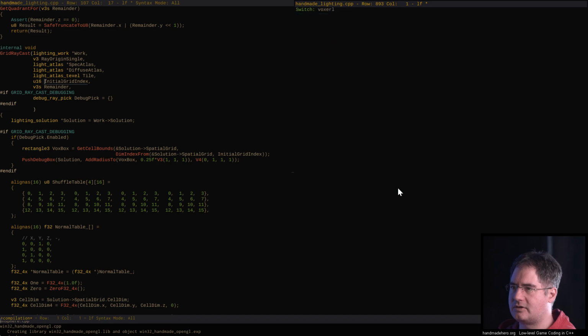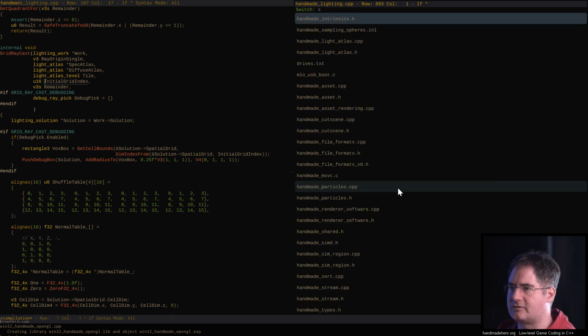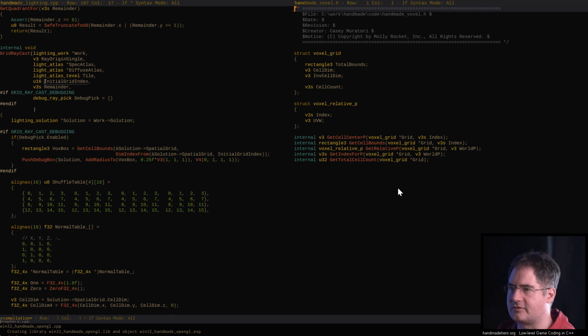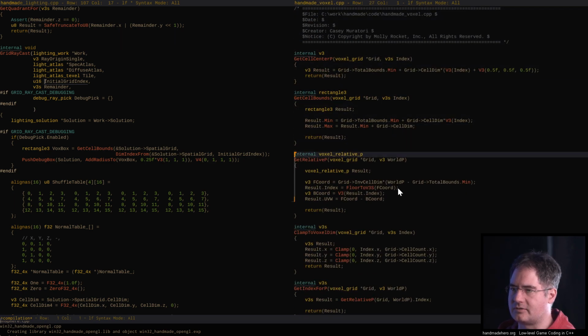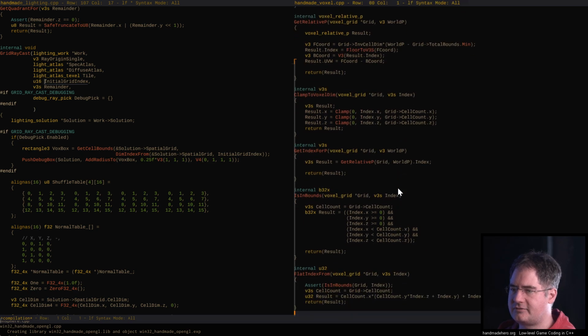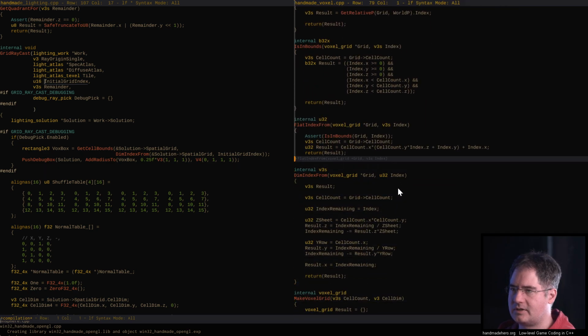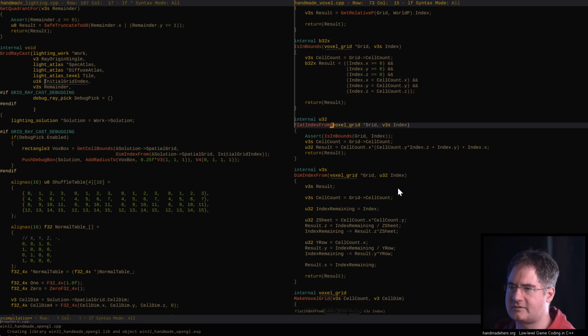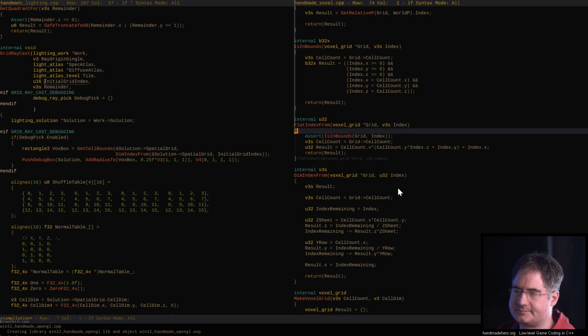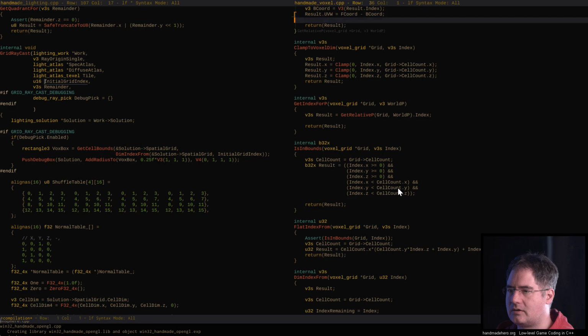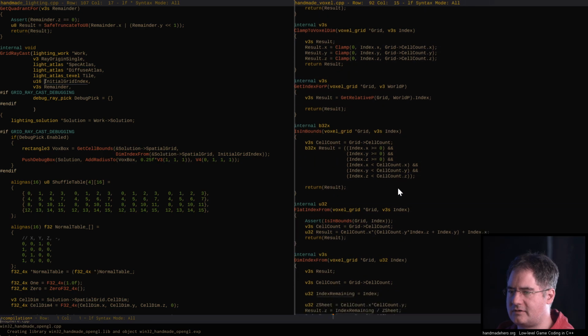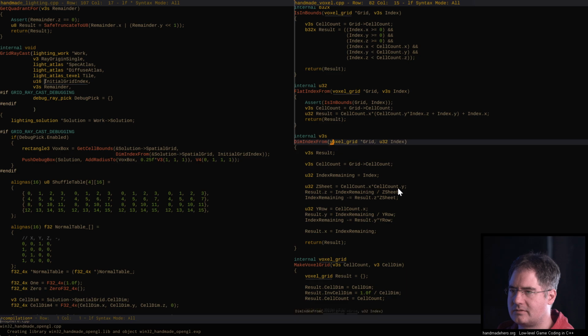Let's take a look inside the spatial partition stuff here, which I believe is this code here. So, flat index from is the code that I think is being used here to index into this voxel. And it looks like this does the opposite. Right?